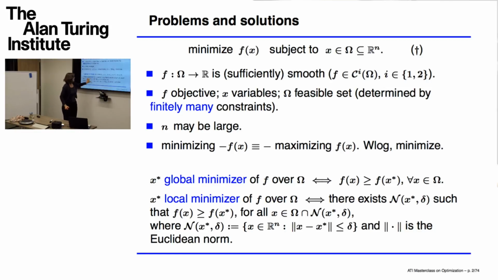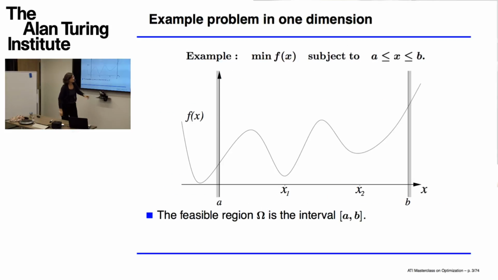And this local minimizer, because I intersect with my feasible set, corresponds to both the ones that were constrained in this picture, so x equals a, and the ones that were not really constrained. So that's a very, very general definition. It can apply to pretty much anything.